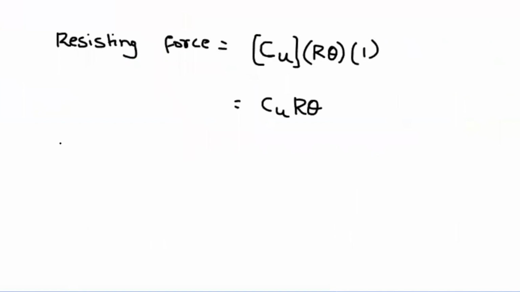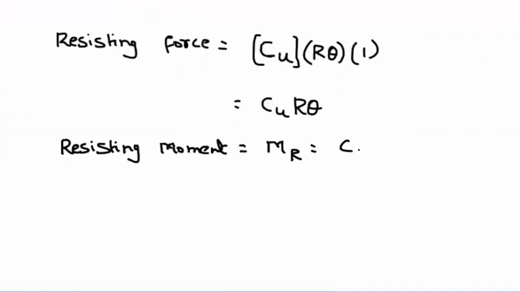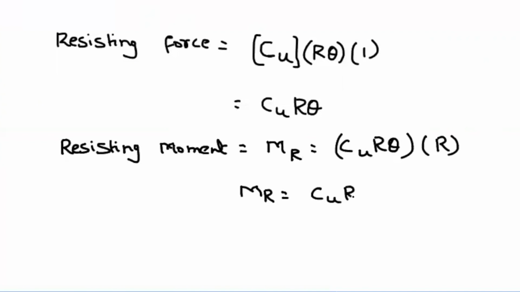So the resisting moment, M subscript r, will be equal to Cu into r into theta, the resisting force, multiplied by the radius. So the resisting moment will be Cu into r square into theta. Make sure that in this equation theta should be in radians.